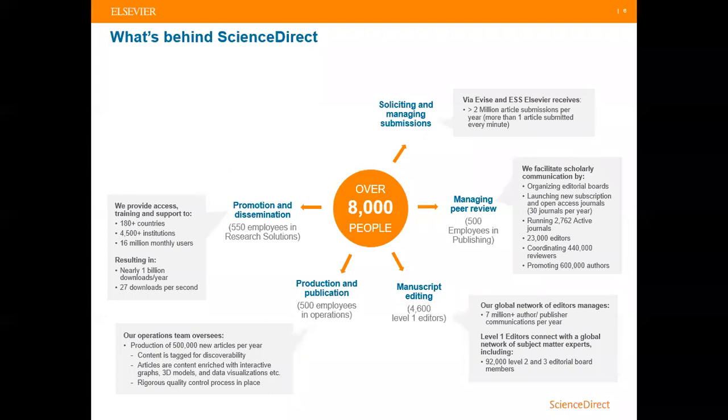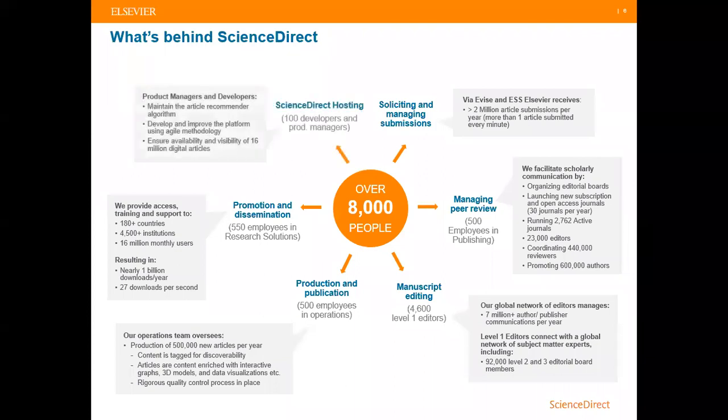Once articles are ready for publication, a global operation team manages the publication process, tagging the articles for discoverability and controlling for quality. Our global organization of sales representatives and customer consultants provide training on the tools and ensure awareness around the world.